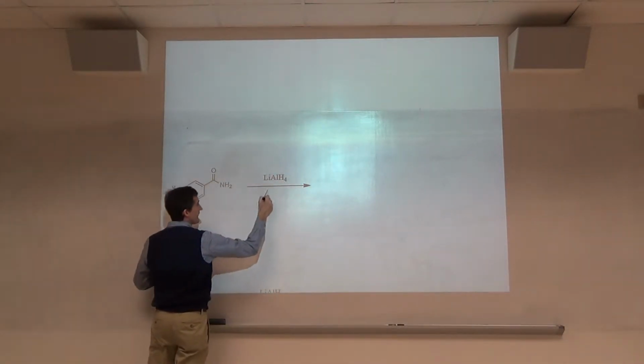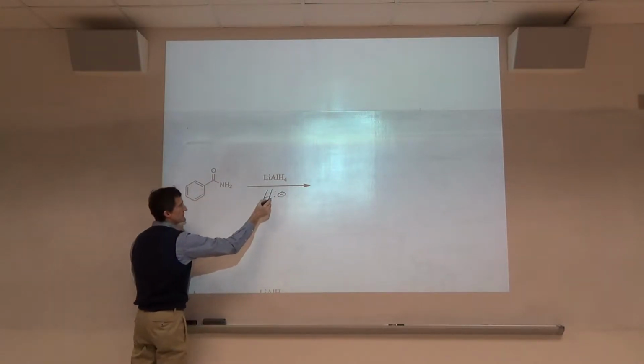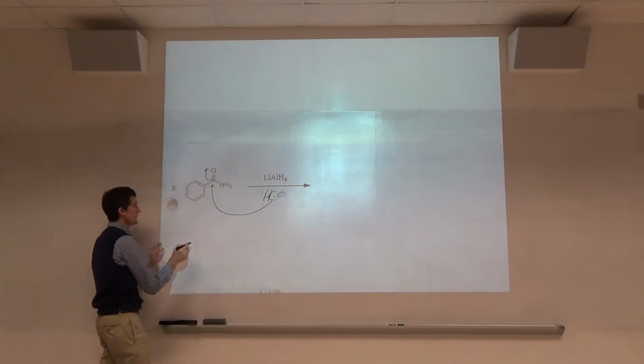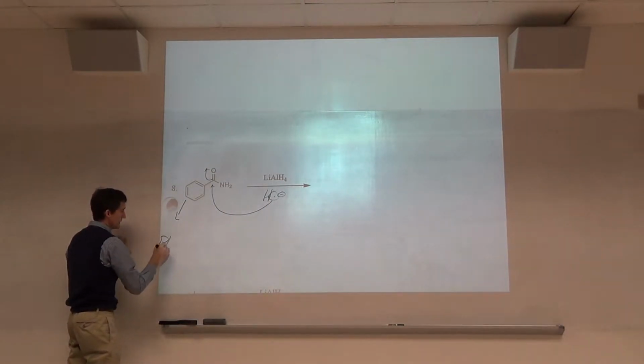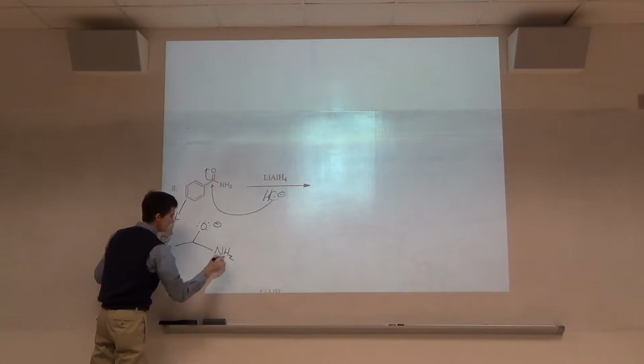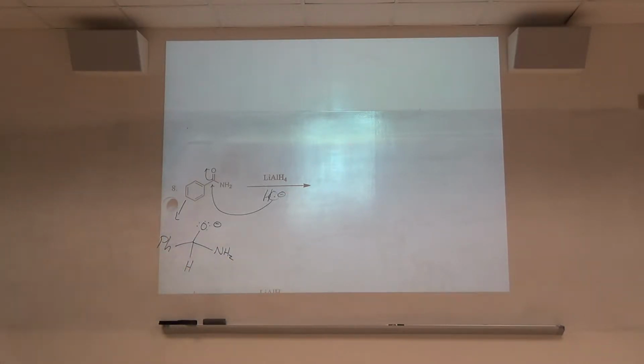This is a source of H minus. H minus adds, electrons up. Let's see if we can work our way towards the product. Electrons up, nucleophilic addition. So H minus just did a nucleophilic addition, we get this.